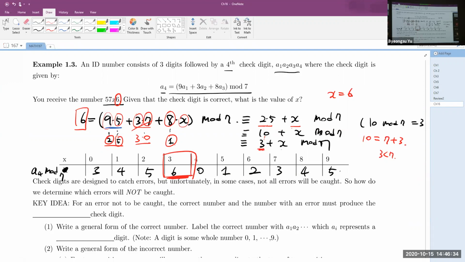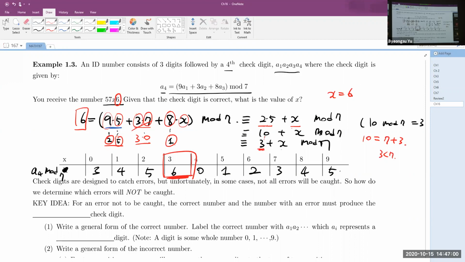So this scheme is actually not that good a scheme for identification numbers. X should be 3. The 6 means that the check digit is 6, right? Yes, 5736.